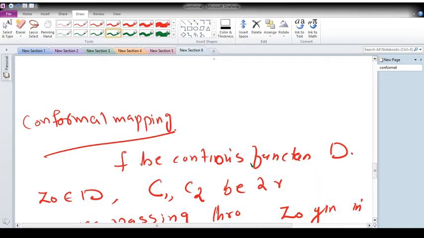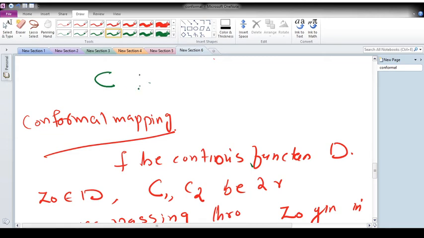What is the meaning of regular? Let C be a curve.